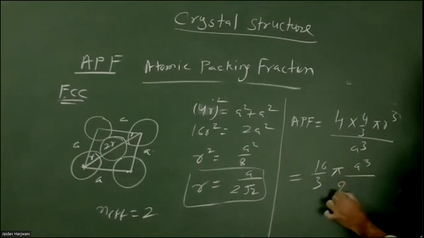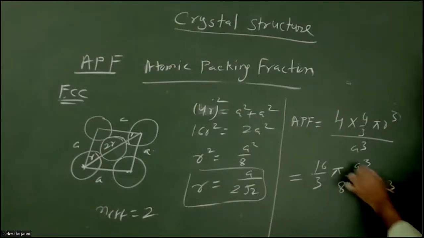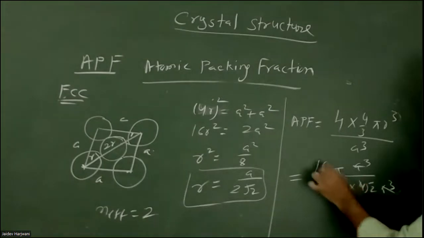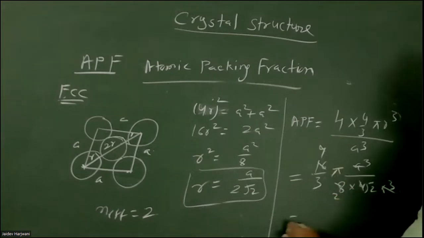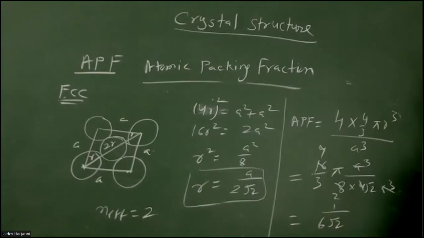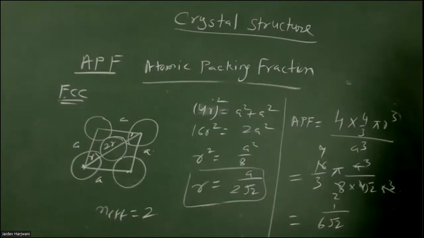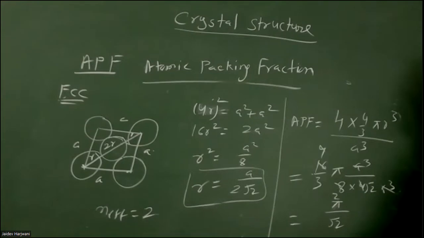Okay, 2 की जगह 8, and cube 4 into root 2, A cube cancel, so this will give me 4, this will give me 2. So I have pi by 3 root 2. Okay, 3 pi by 3 root 2.